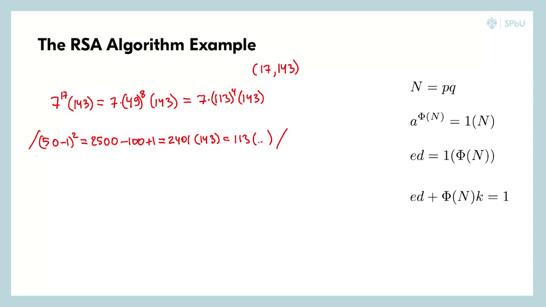Now this 113, I'm lazy enough to compute its square, so I noticed that in this modulo 113 equals to minus 30 modulo 143, and minus 30 is easier to square, so it is 900.